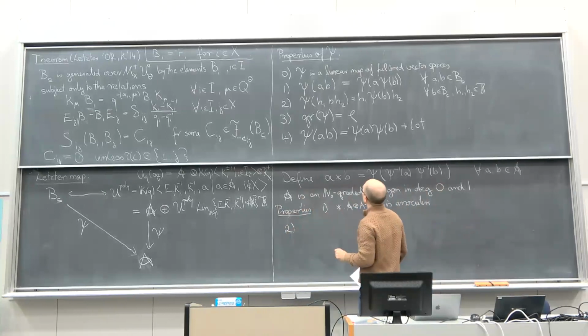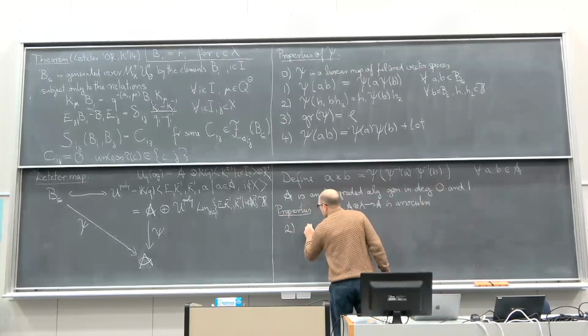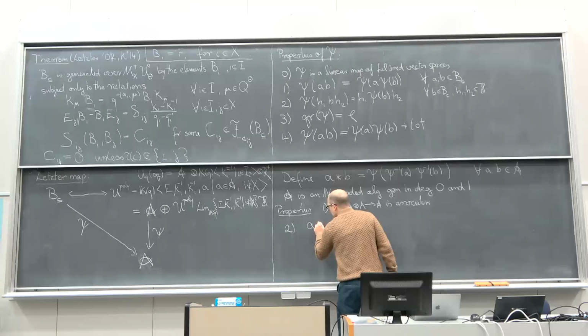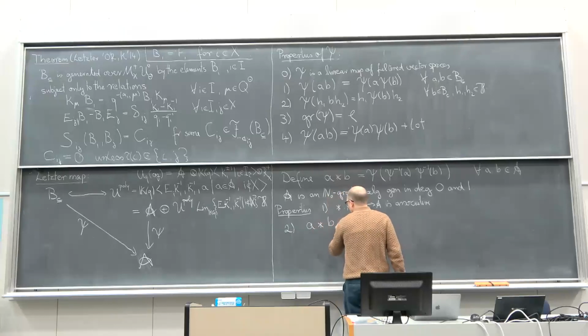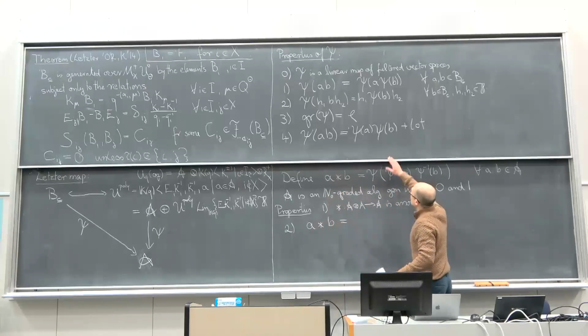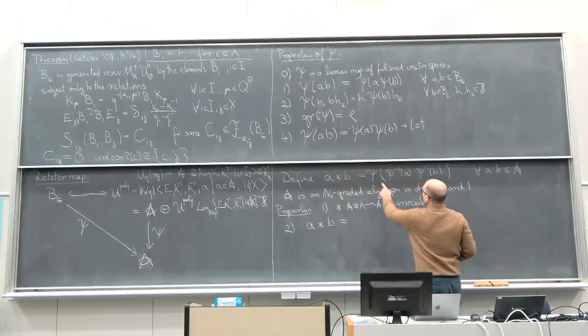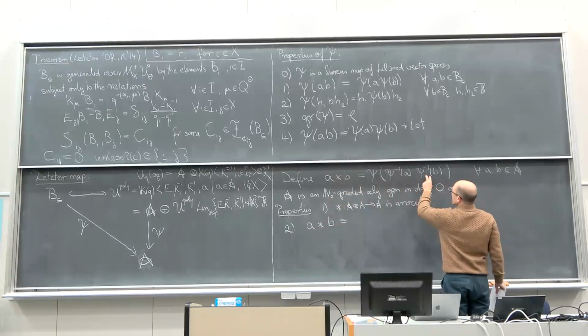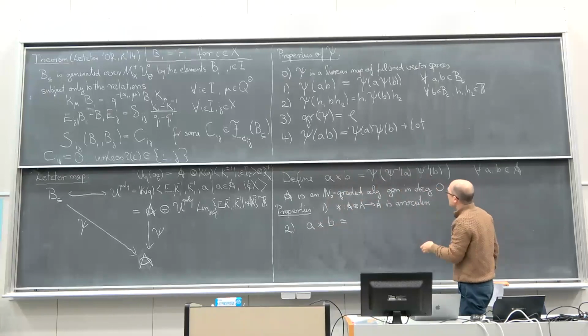Secondly, by what we've observed upstairs, if I form A star B, well, that is by this formula down here. If I plug in A star B, so psi of this product is just psi on each of the factors plus lower order terms.